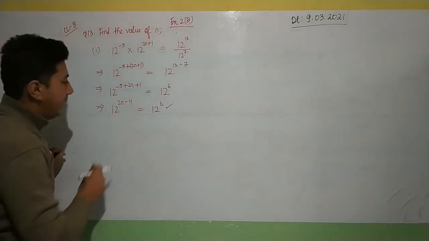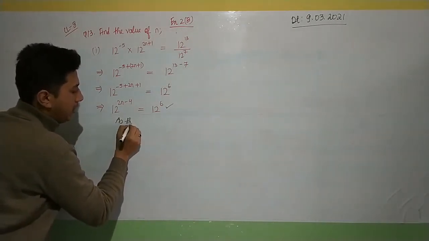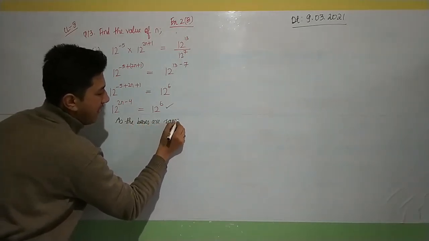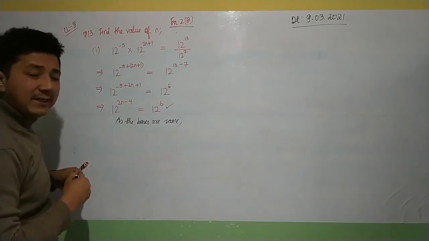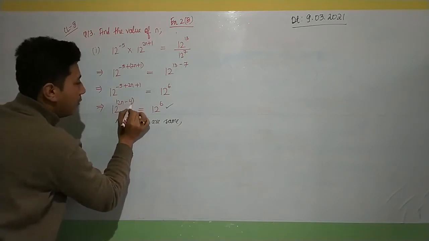Right? Okay, now as the bases are same, remember that, boys, always if the bases are same on both the sides, then we can always equate the powers. So this power is always equal to this.